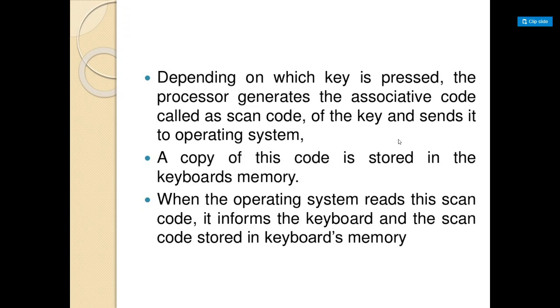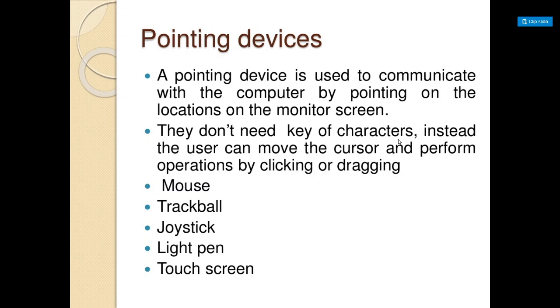For example, you do undo and redo, right? So it has to know what was the last key pressed or the last few keys that were pressed. So there is a memory associated with this keyboard. So when the operating system reads this scan code, it informs the keyboard, and the scan code is stored in the keyboard's memory. Okay, so this is how a keyboard is typed.